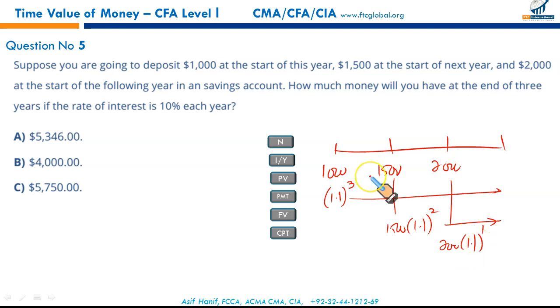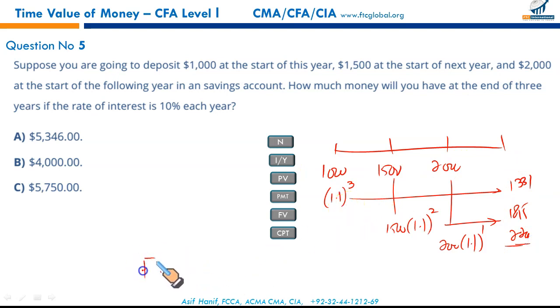So when you multiply these, let me do it with a simple calculator. 1,000 times 1.1 cubed gives you 1,331. 1,500 times 1.1 squared gives you 1,815, and 2,000 multiplied by 1.1 will give you 2,200. If you add all these future values, these uneven cash flows were taken to the future using this formula.